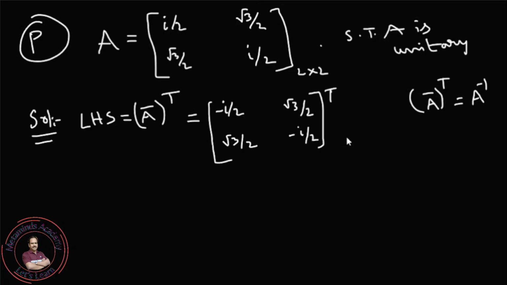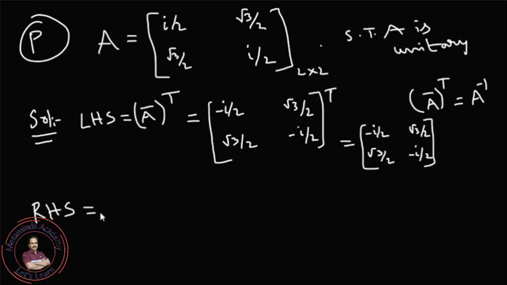Now we need to take the transpose. The transpose of this matrix is minus i by 2, root 3 by 2, root 3 by 2 and minus i by 2. You got the same, because it is a symmetric matrix.